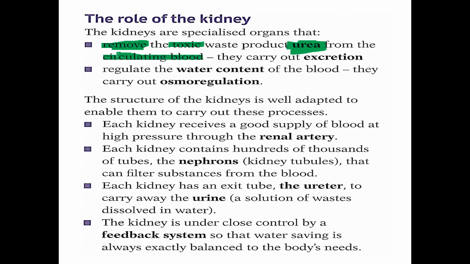Our cells, when they use the materials, make urea. This urea is in the blood, okay? But urea is a toxic material. It's a toxic waste product. So the role of our kidney here is what? It will take out the urea from our blood circulation, okay?